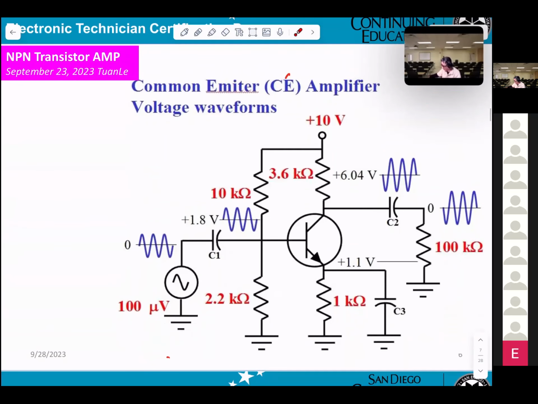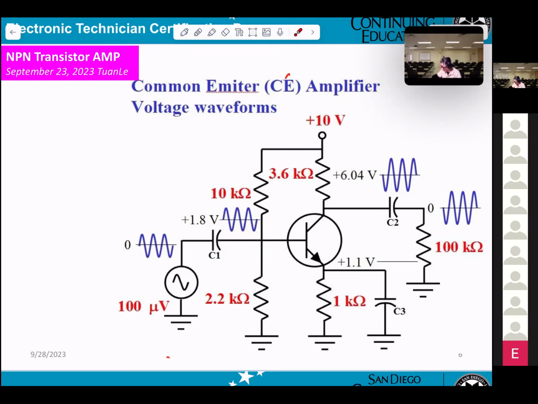Now, basically, this is a very good picture. You can recognize the signal when you're working in the lab. You see, this is the sideway. And C1 is a bypass capacitor. So that's why this sideway will go to here. So basically at the base here, you get two signals. First thing, you get 1.8 volt DC.